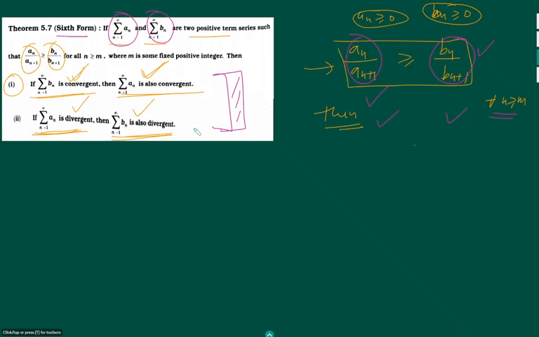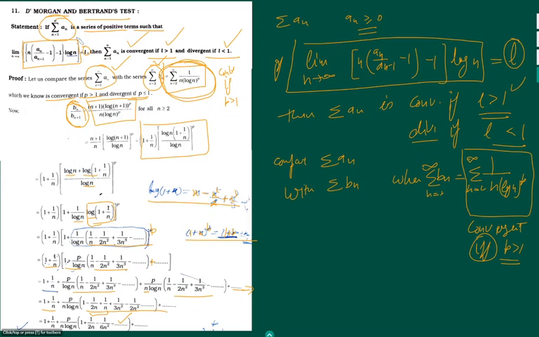Using all this information, we started proving the De Morgan Bertrand test. It says that if you have this series, then you find an over an plus 1, subtract 1, multiply by n, then again subtract 1, multiply by log n, and find the limit as n tends to infinity.